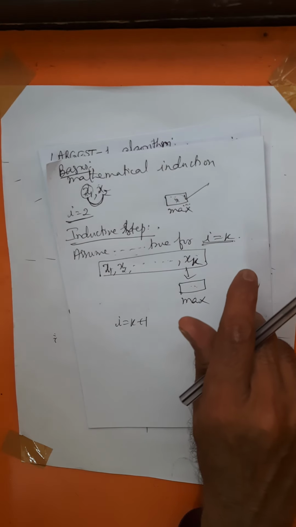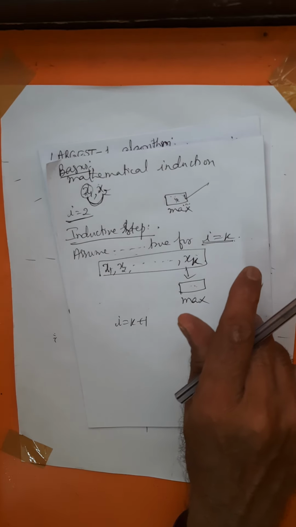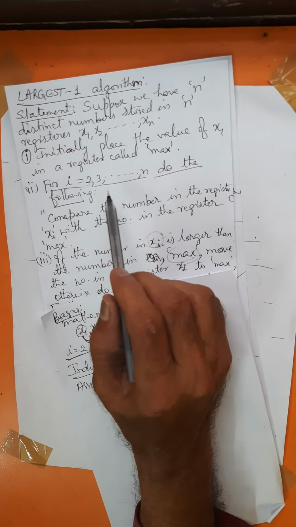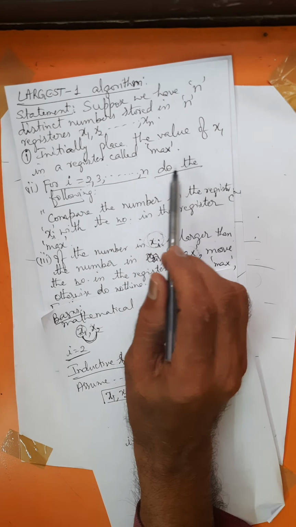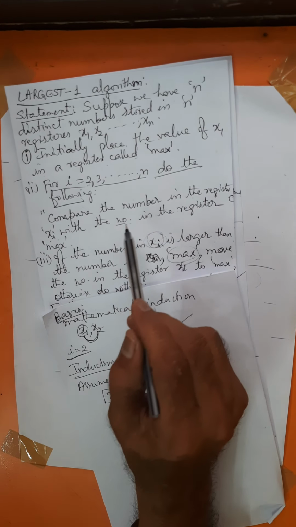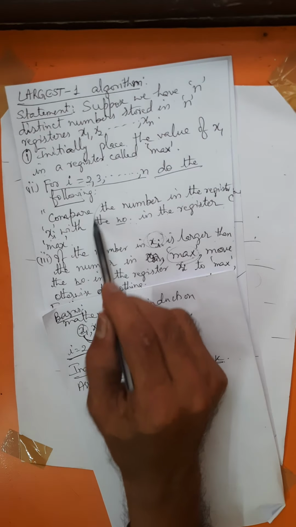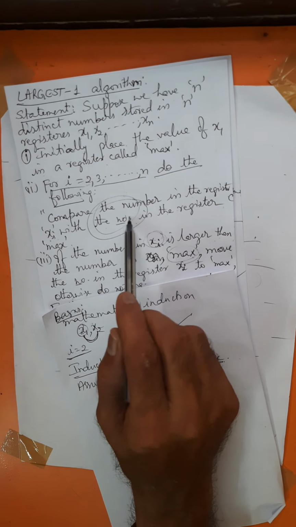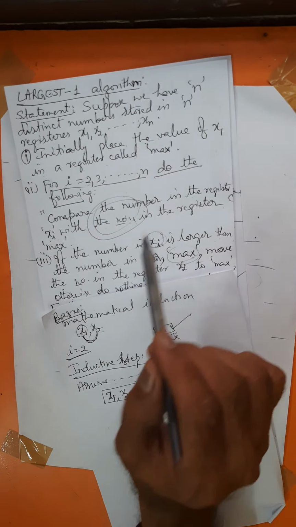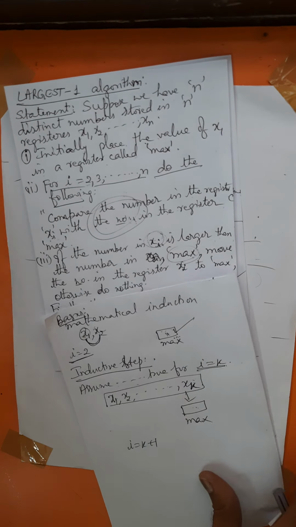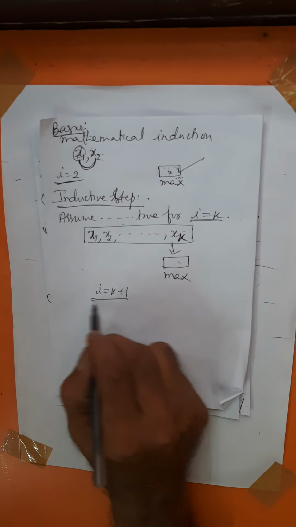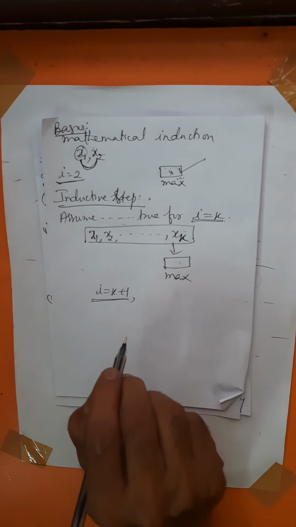Step 2 means comparing two values: for i equal to 2, 3, 4, etc., n, compare the number in the register xi with the number in the register max. Now see, for i equal to k plus 1, you execute step 2.